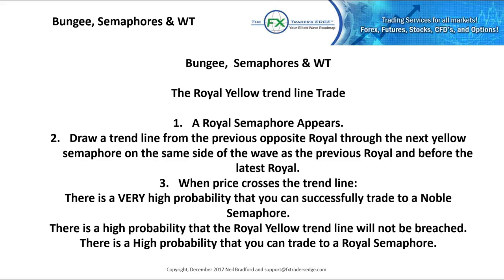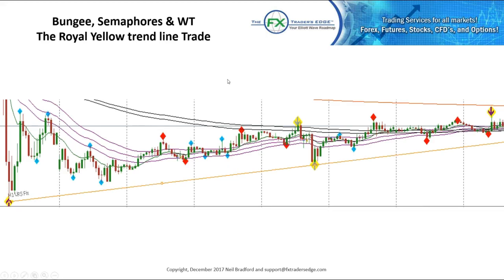Okay, so what did we have? What were the rules? The rules were a royal semaphore appears.